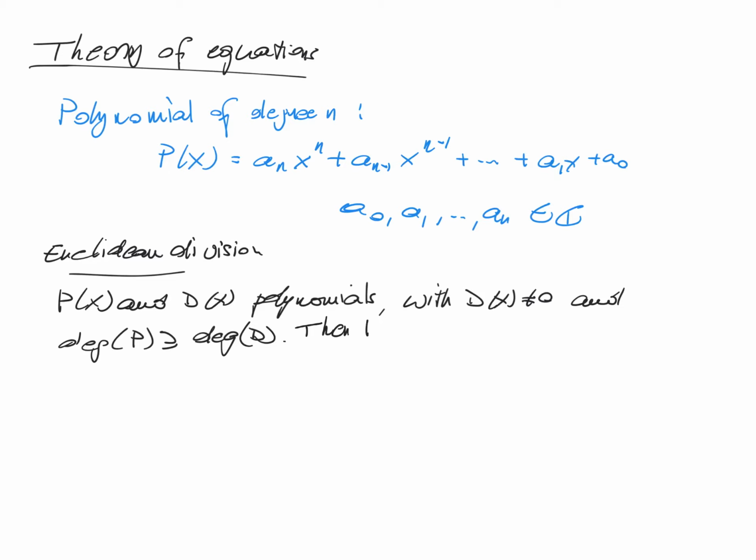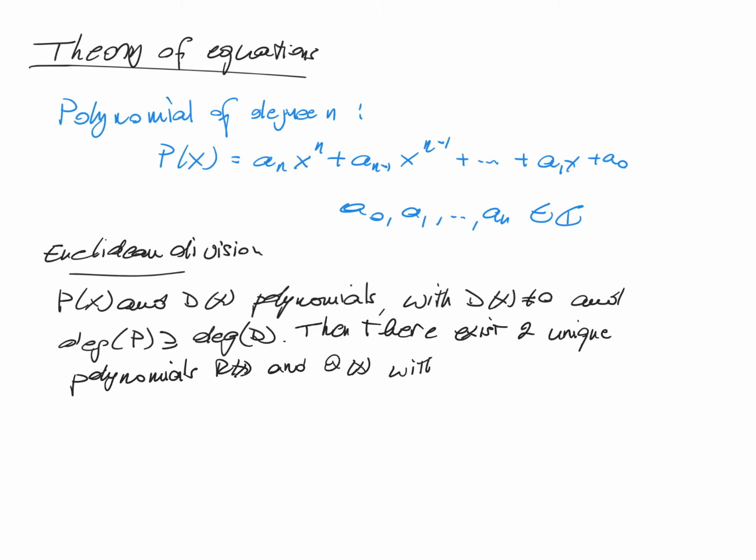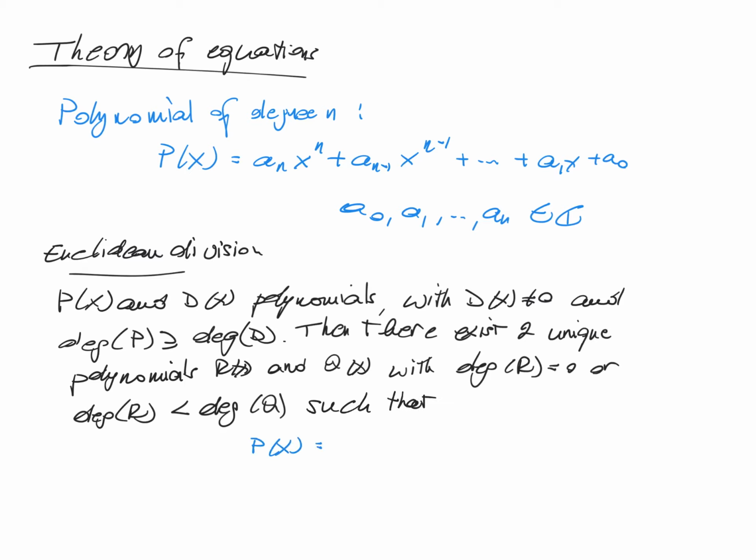Then there exist two unique polynomials, r of x and q of x, with the degree of r equal to 0, or at least the degree of r strictly smaller than the degree of d. For these two polynomials, it then holds that p of x is equal to d of x times q of x plus r of x.